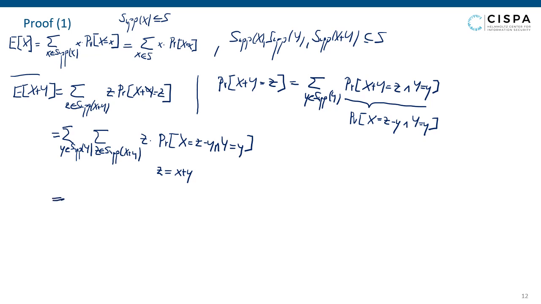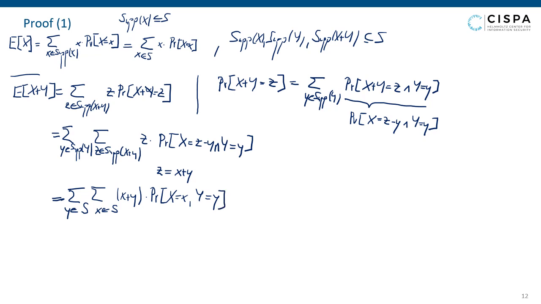So we can rewrite this as the sum over y in the support of Y, but now, as discussed up here, replacing the support with the set S. I'm going over all y in this set S, and now I'm also going over x in this set S, and z is now just x plus y: x plus y times the probability X equals x, Y equals y.